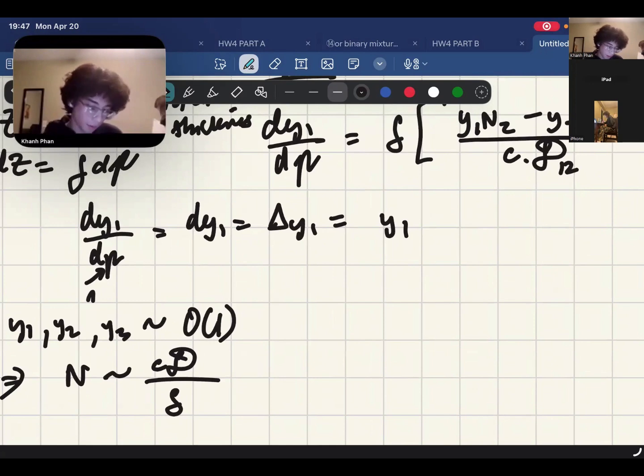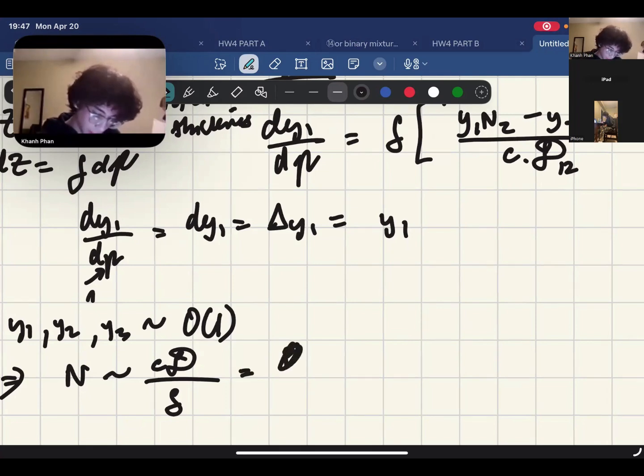And so let's do the guess for N1 and N2, okay? So we know that concentration is mole over volume.